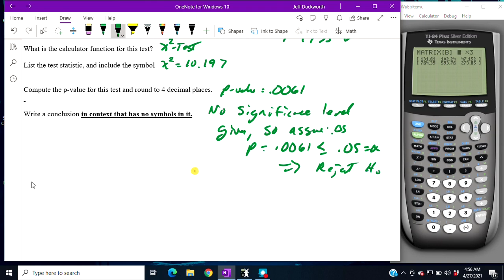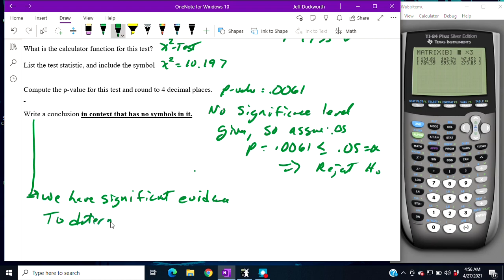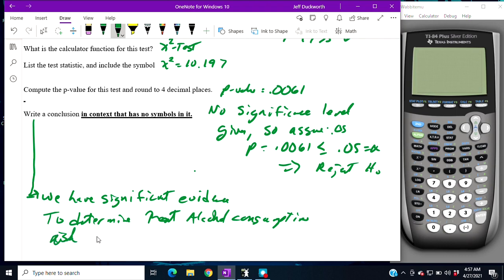And essentially that means we have significance. We have significant evidence to determine that alcohol use, alcohol consumption, whichever, and, what did I put?